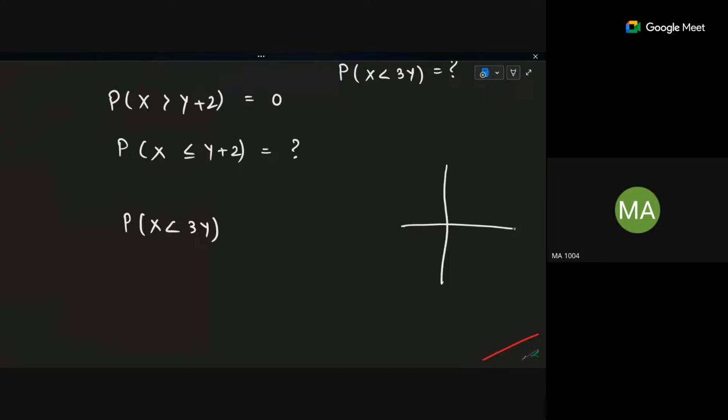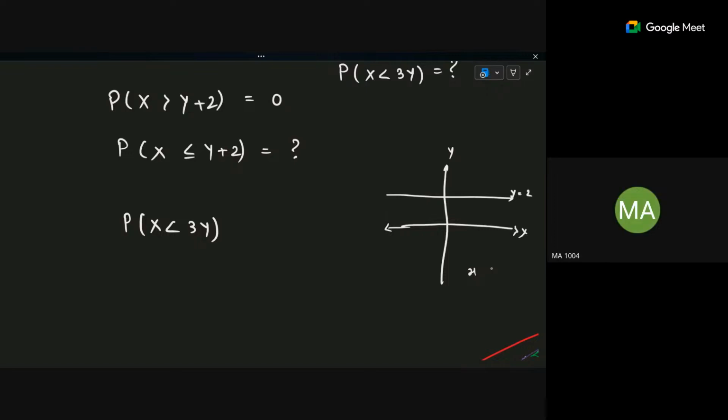This is your x, this is your y equal to 2, you are fixing, right? In the equation x equals y plus 2, if you take y equals to 2, then x will be 4.